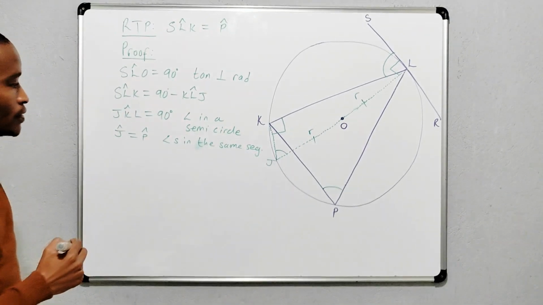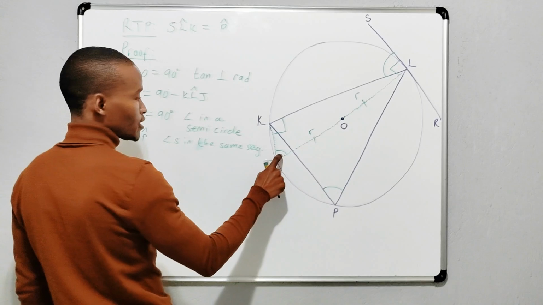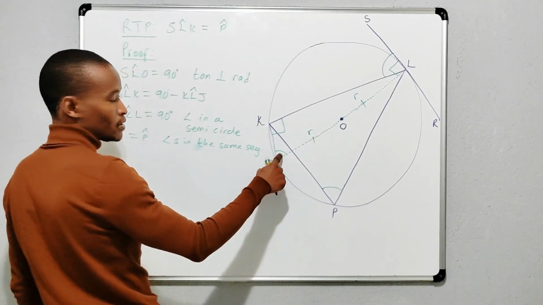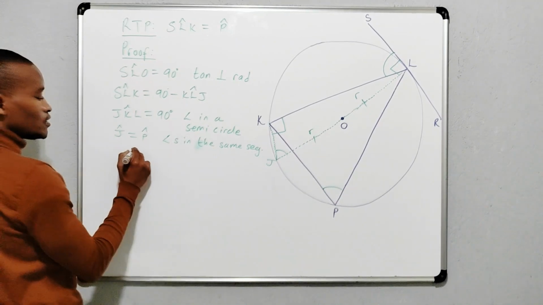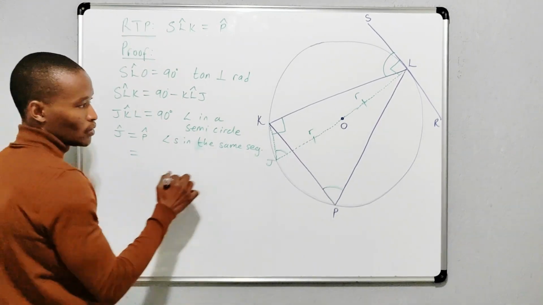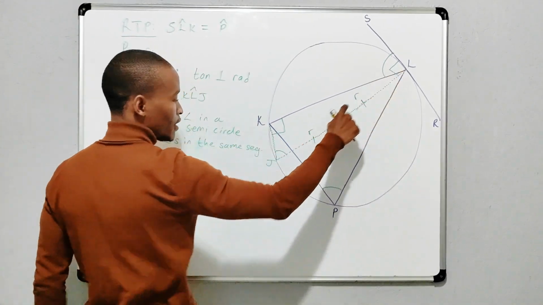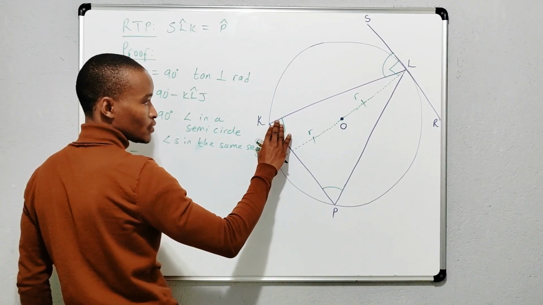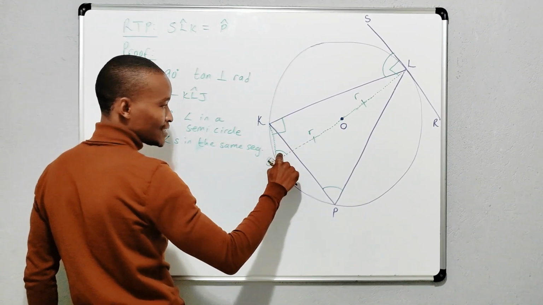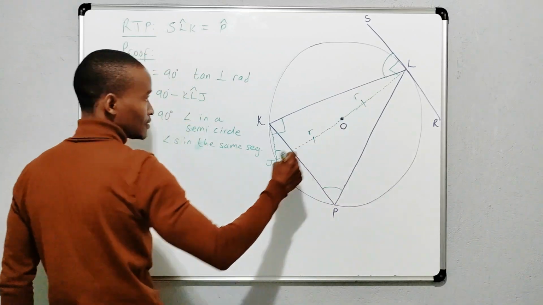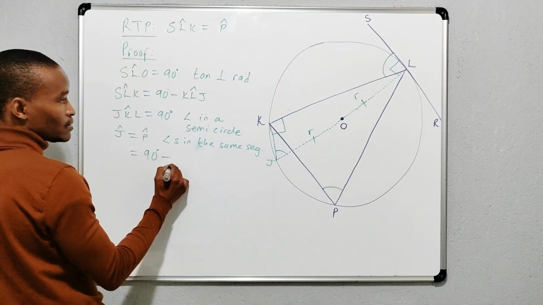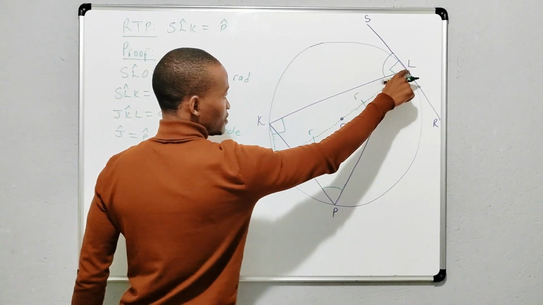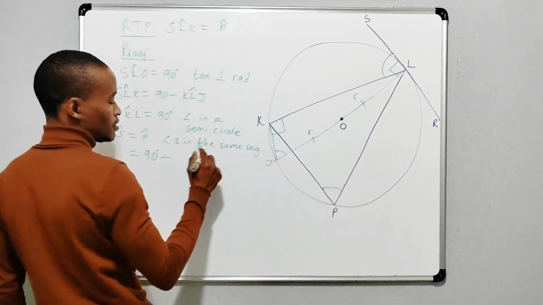Okay, so then we need to find the expression here for J. Okay, and this will be what? We know that in this triangle KLJ, there's 90 degrees already. So this will be 90 degrees minus that angle there. So it will be 90 degrees minus KLJ.